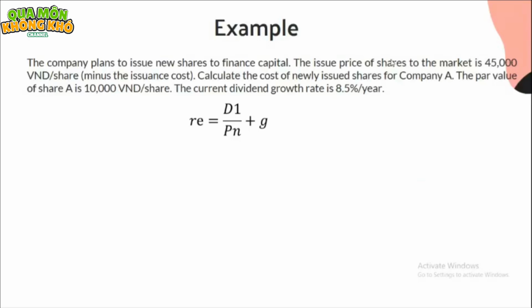Because we spy on the current stock price, and from this we have the formula: P0 equals D0 multiplied by 1 plus g, divided by Re minus g.